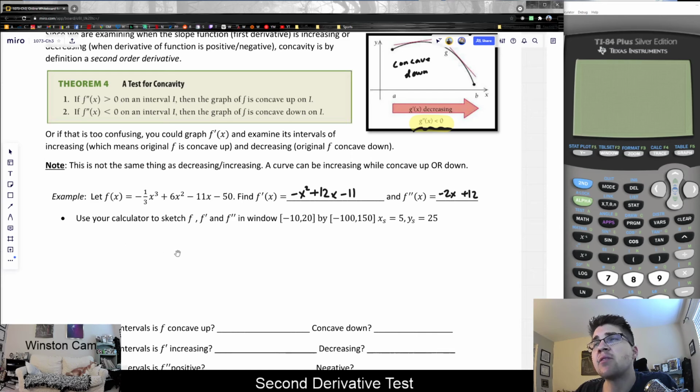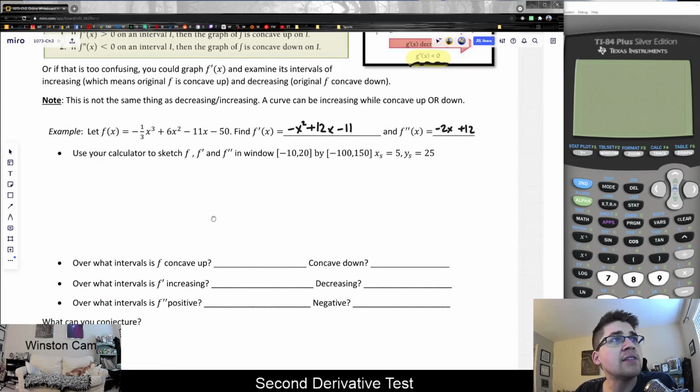It says use your calculator to sketch each of these in the particular window. Let's go ahead and skip that for the immediate time. But look at something like over what intervals is f concave up? So getting back to that, if we take the second derivative, f double prime, it would have to do with when this is positive and when this is negative.